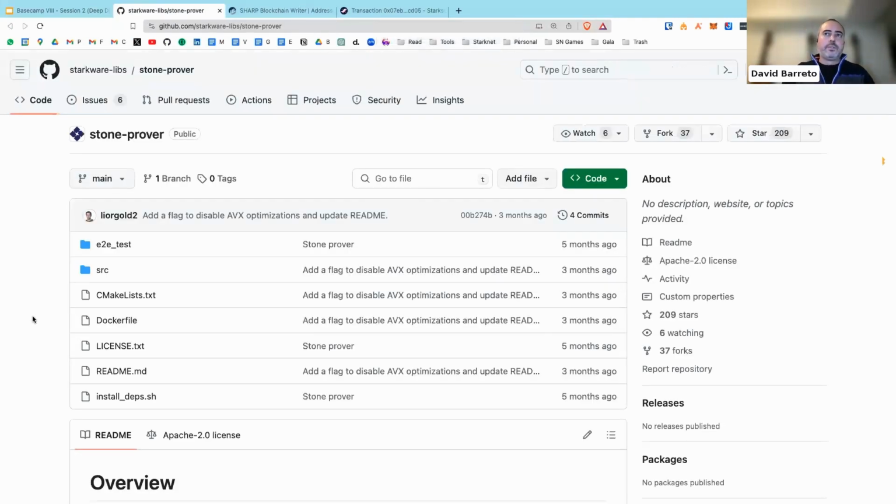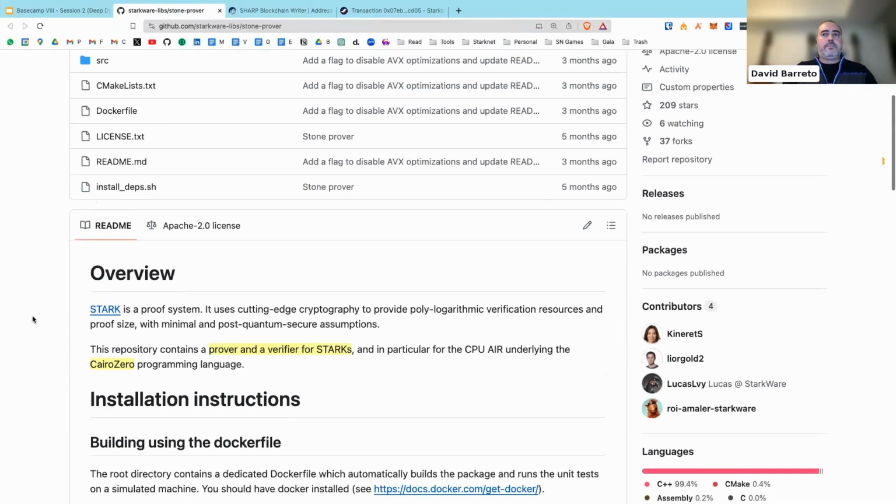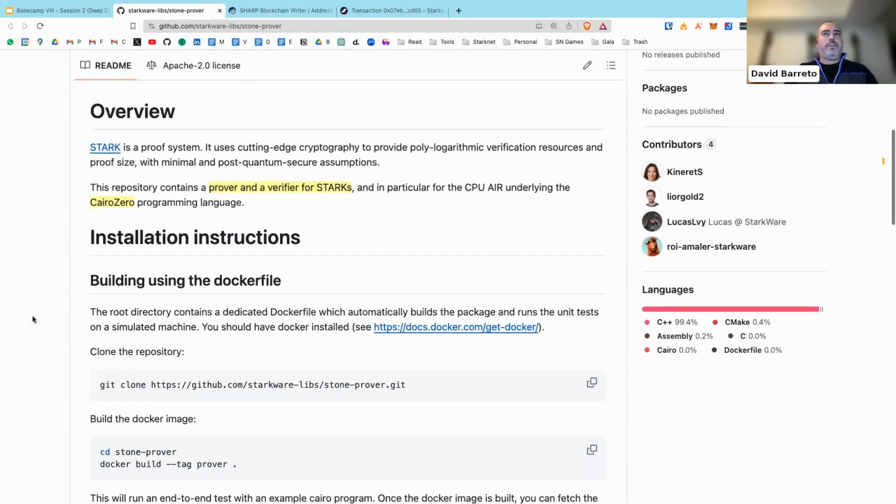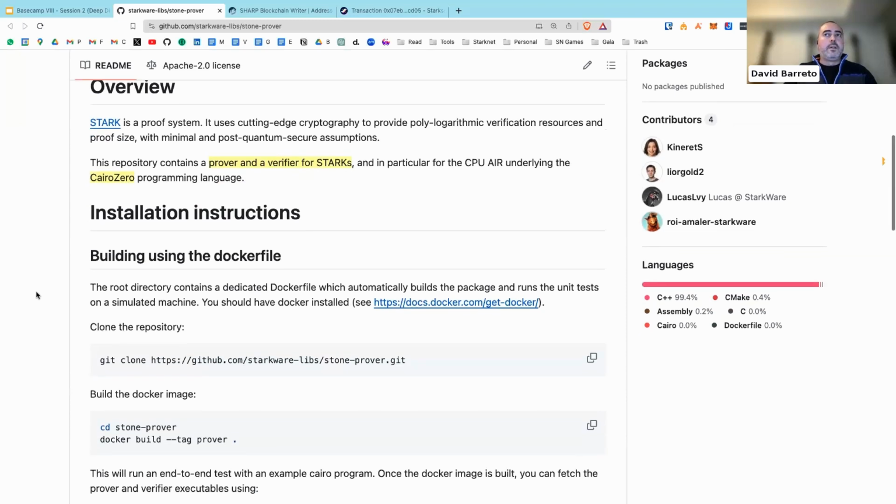This is an open source project. Basically, it is a prover being used instead of Sharp. But keep in mind, this is for Cairo 0 programs because the Starknet OS is in Cairo 0. Eventually, I imagine that will be migrated to Cairo and there will be a new version of the Stone prover supporting modern Cairo.